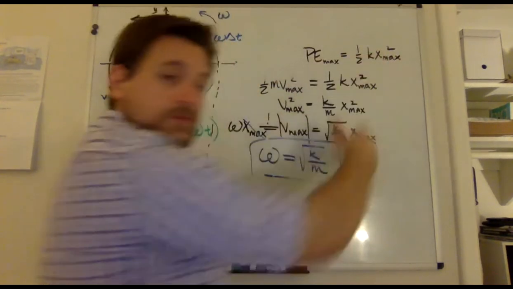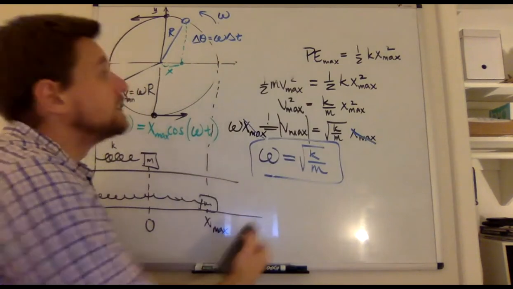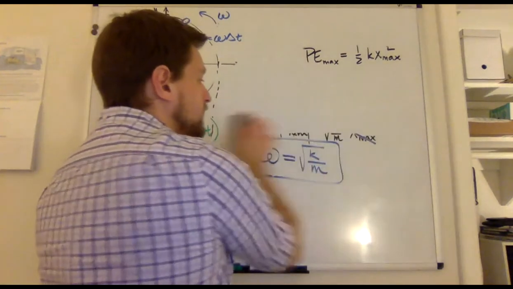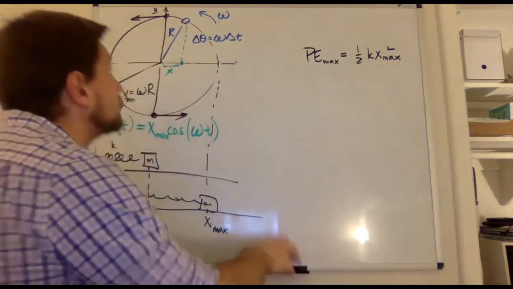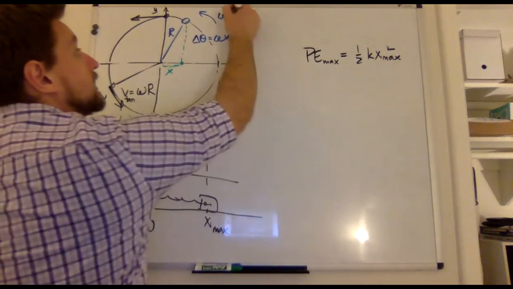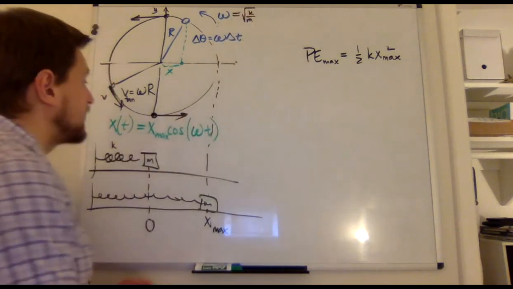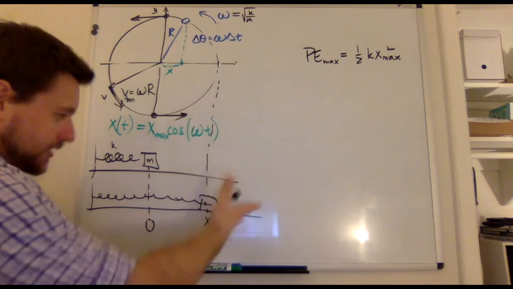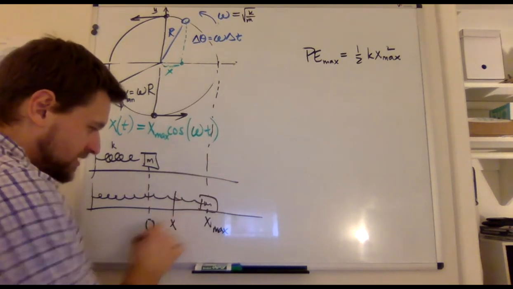This is still true. The maximum potential energy that we started with when we let go of the mass is 1/2 k x max squared. And if energy conservation is going to be still a thing, let me write down that omega needs to be equal to root k over m, just so I don't lose that. We let go at time 0, and then sometime later we're at some position x.